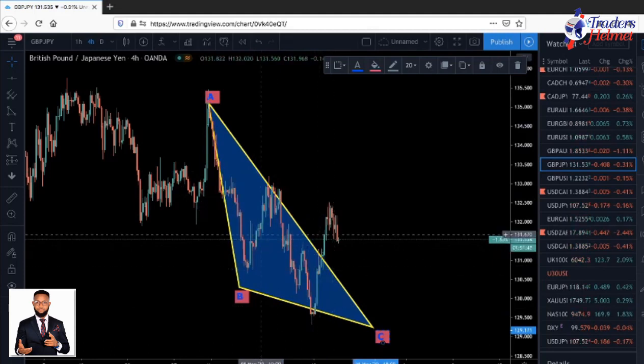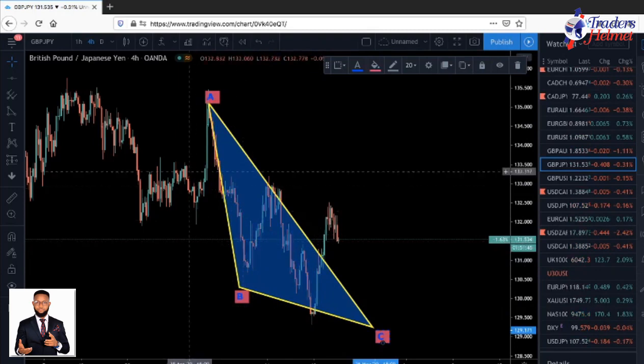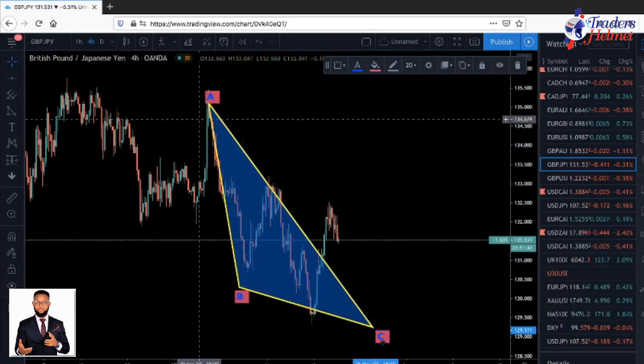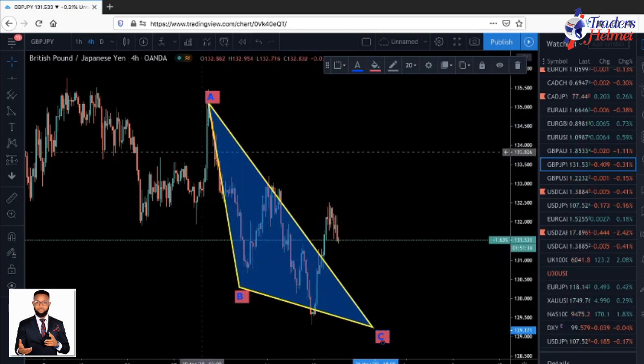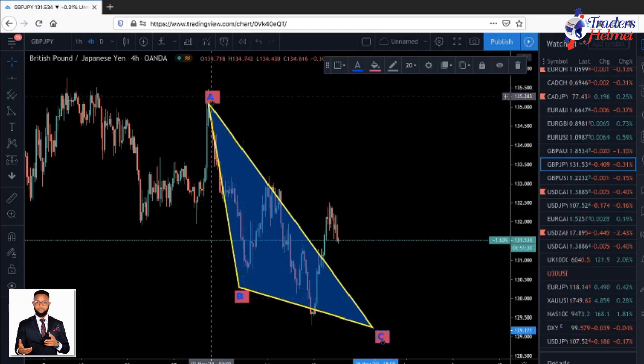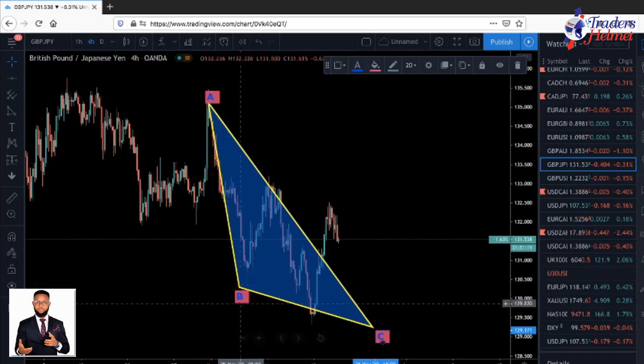Now, the space is our impulse. The start of the impulse is A, which is this A. And the end of impulse is B, which is here.